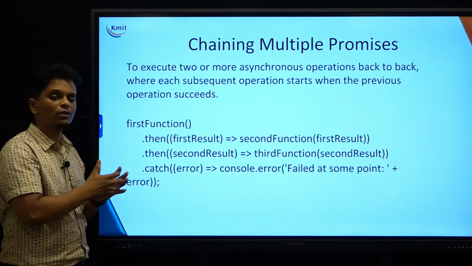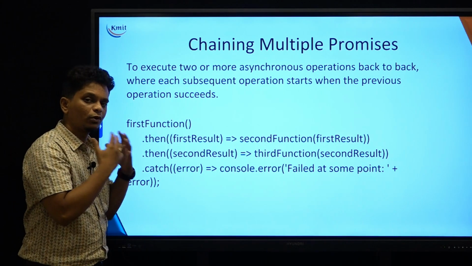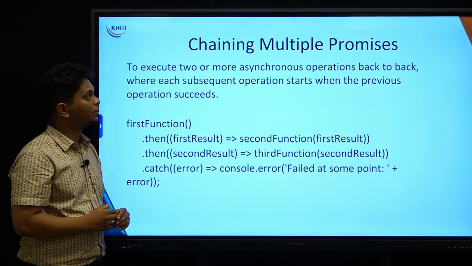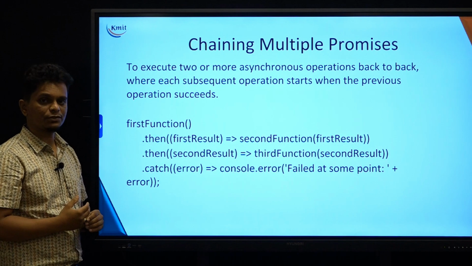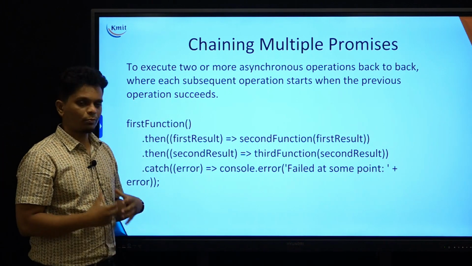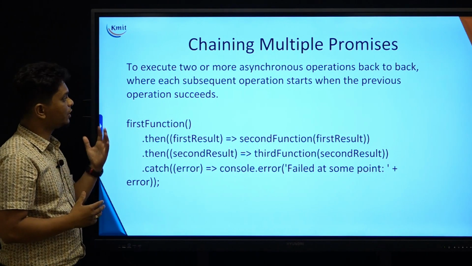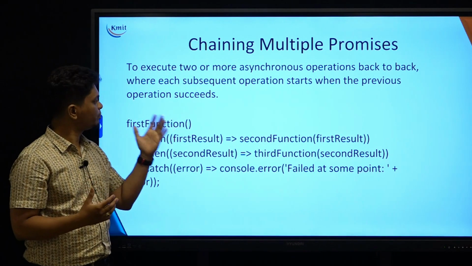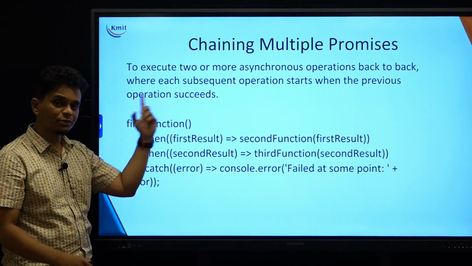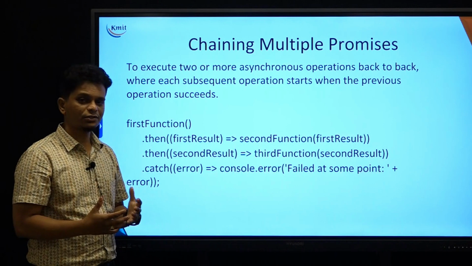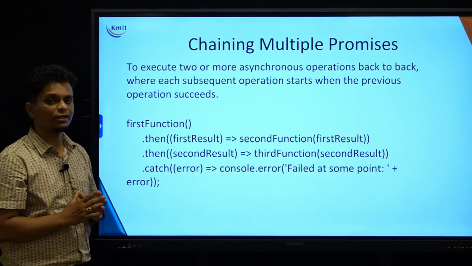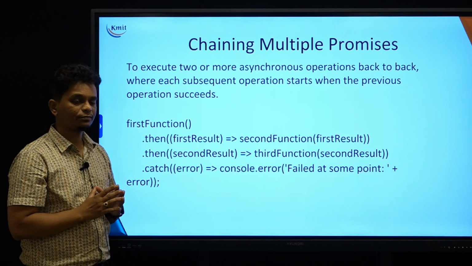So when you want operations to work in a sequence, you may use chaining of multiple promises. To execute two or more asynchronous operations back to back, where each subsequent operation starts when the previous operation succeeds, we can use chaining promises. Okay, this is important.